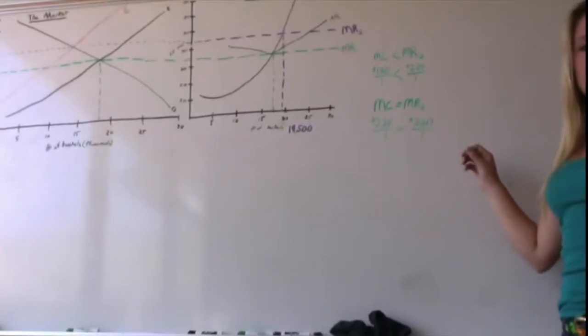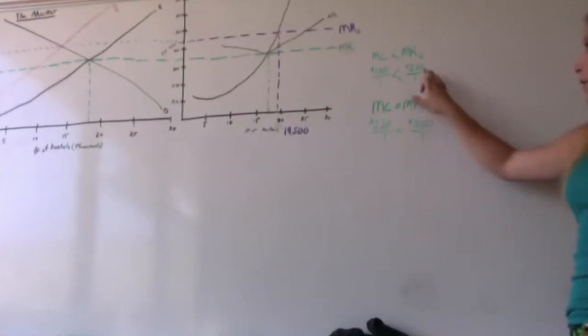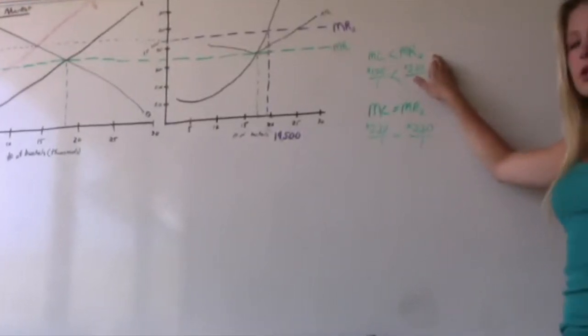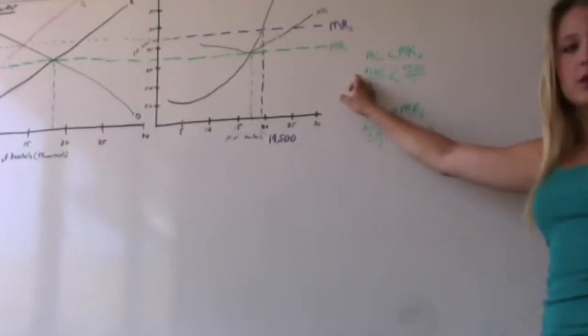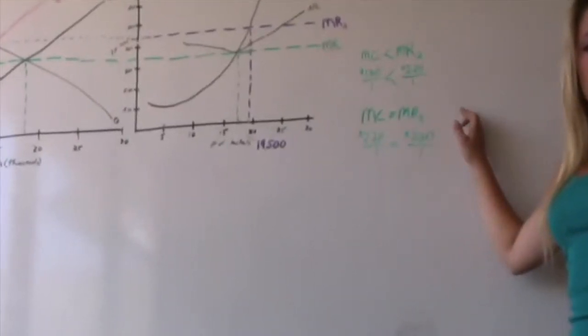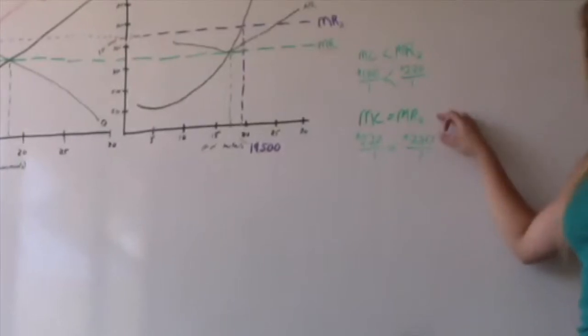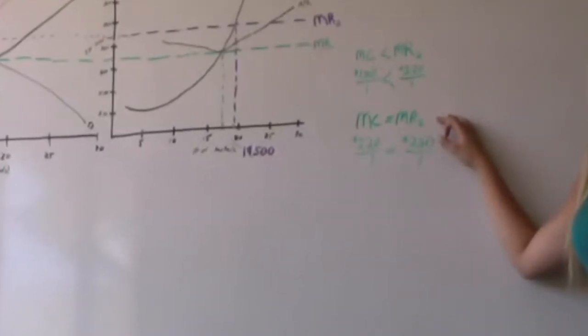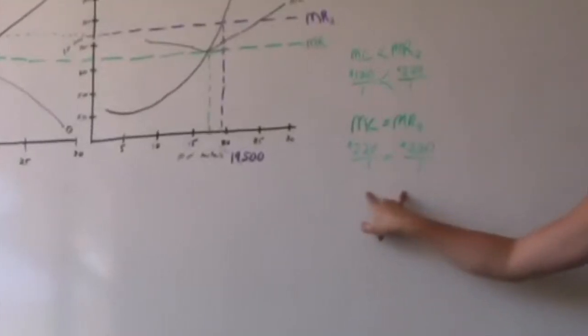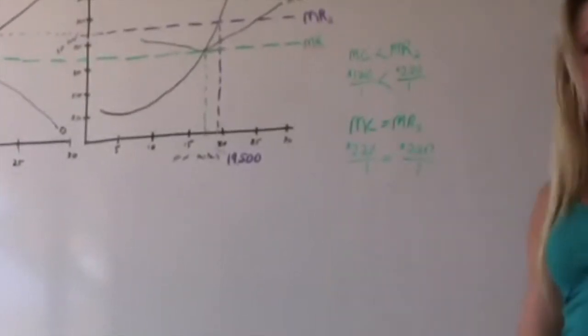When you increase production by one unit of oats, you gain $2.20 in marginal revenue, but lose $1.70 in marginal cost. So you gain 50 cents that will go toward your profit, and you will keep producing more units of output until your marginal revenue equals your marginal cost, and they'll be at $2.20 apiece.